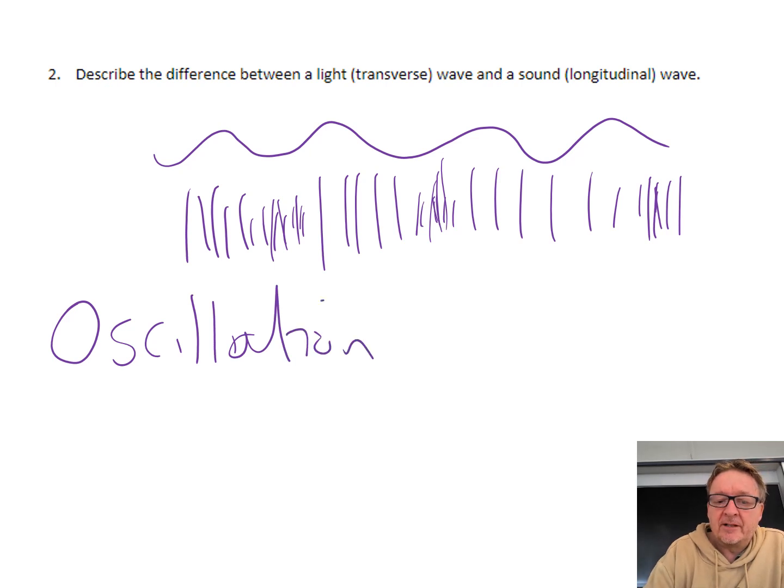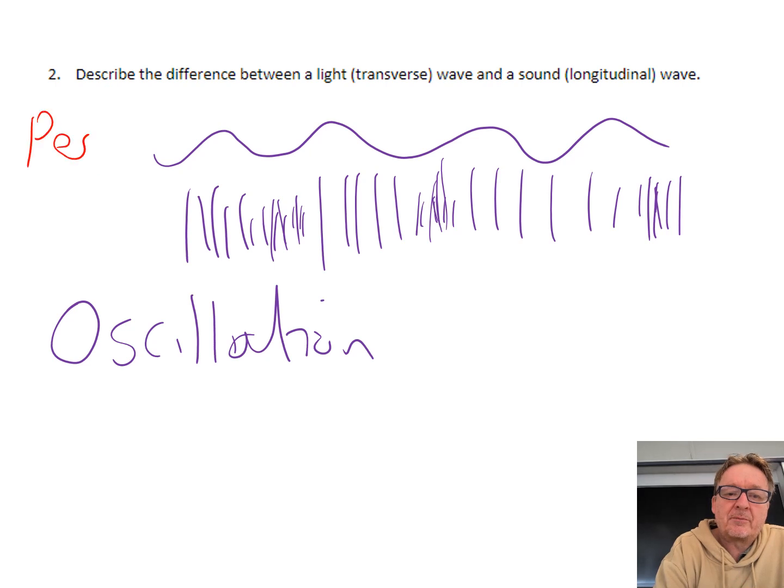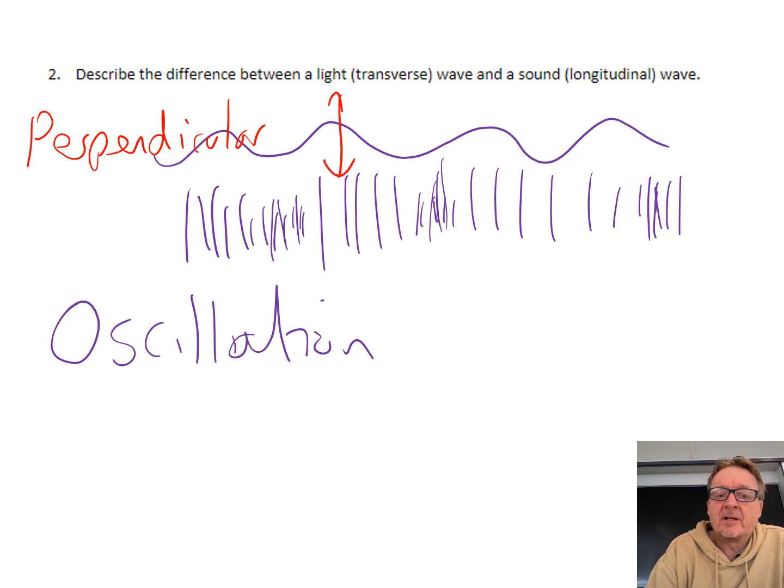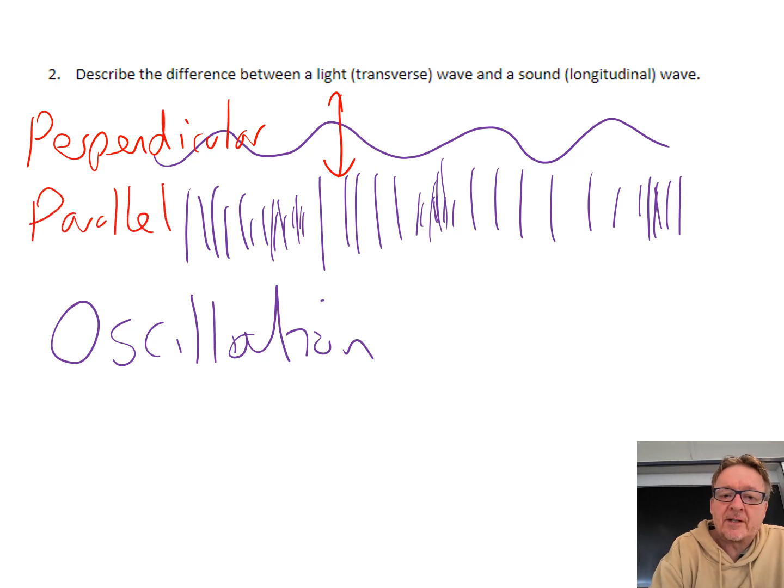In a transverse wave, the oscillations are perpendicular, which means that they go up and down like that. And the oscillations in a longitudinal wave are parallel. That means they're going backwards and forwards like that. So that's then the particles.